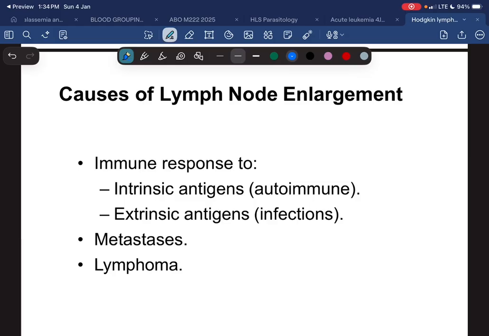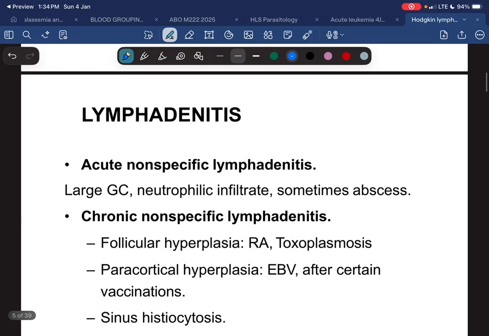Okay, lymphadenitis, inflammation of the lymph node, can be divided into acute and chronic. Acute non-specific lymphadenitis: we will see large germinal centers, neutrophilic infiltration, and maybe abscess formation if we have bacterial infection. Chronic non-specific lymphadenitis, like follicular: there may be enlargement of the follicles.